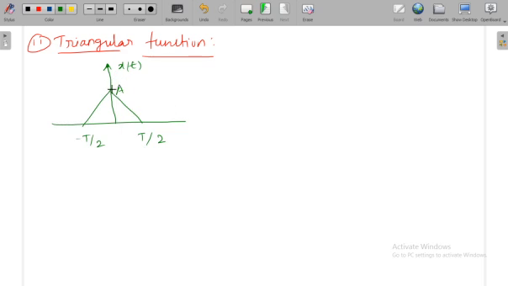If it goes up, the slope is positive. If it goes down, the slope is negative. And you know the slope value: change in y divided by change in x is called the slope. So how can I write the function x of t here? It is equal to A triangular of small t divided by the pulse width. What is the pulse width here? Just T. Now somebody tell me what is the slope here?